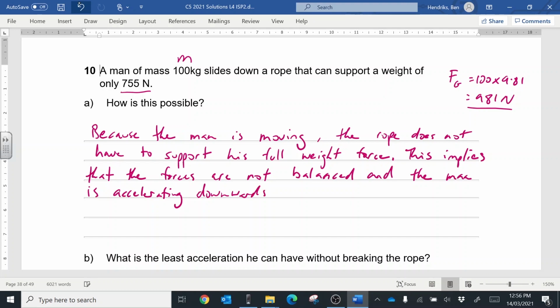I guess the friction between the man and the rope is causing the acceleration to be less than if there was nothing there.